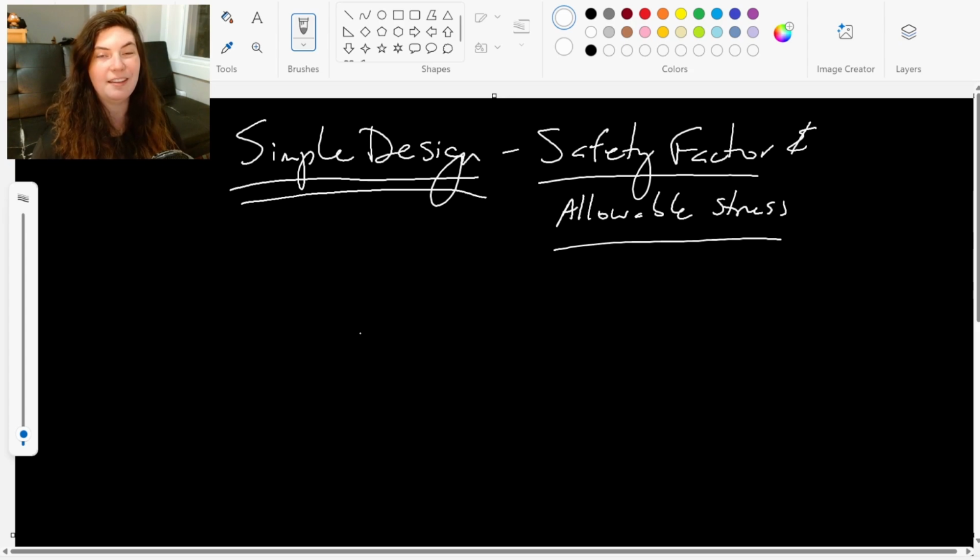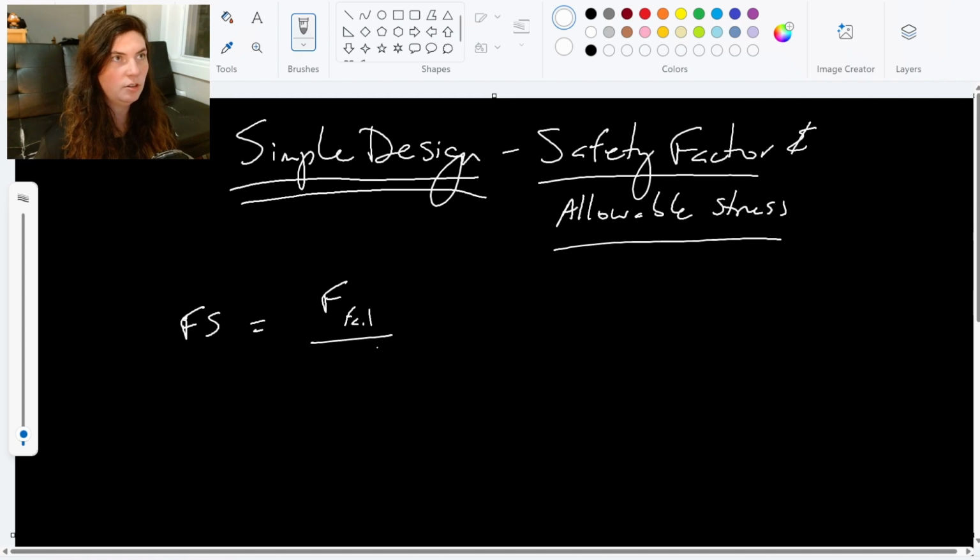That would mean that my factor of safety, sometimes you'll see it abbreviated FS, that's usually how I do it, is this ratio of failure over the allowable stress, failure force over the allowable force, or failure stress over allowable stress.